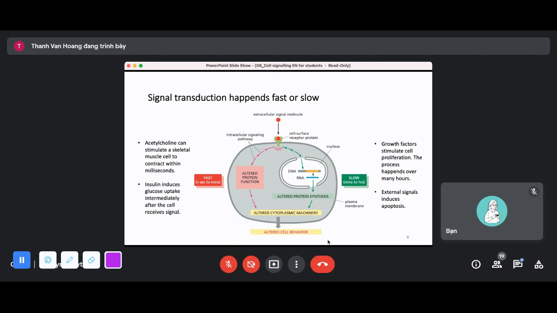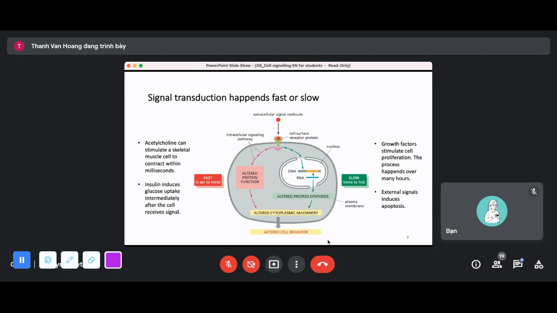For example, when growth factors bind to their receptor on the cell surface, it tells the cells, please divide. The cell needs quite a long time to go into the cell cycle and divide, right? Or when apoptosis is induced in target cells, it also takes hours.